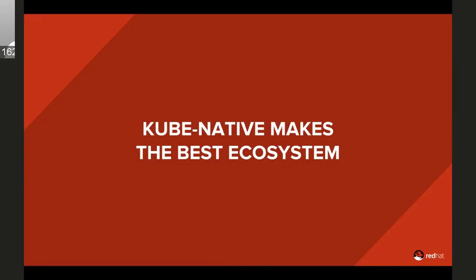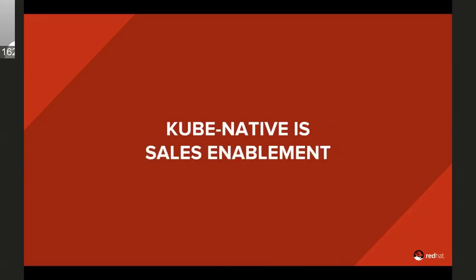Now, remember, we talked about being kube native is really important, and this is a blessed extension mechanism. And this makes the best ecosystem. So if you're thinking, oh, I already have methods for deploying my software, why do I want to tackle this? Why do I want to build an operator? It's because you get access to the entire Kubernetes ecosystem of users if you are kube native.